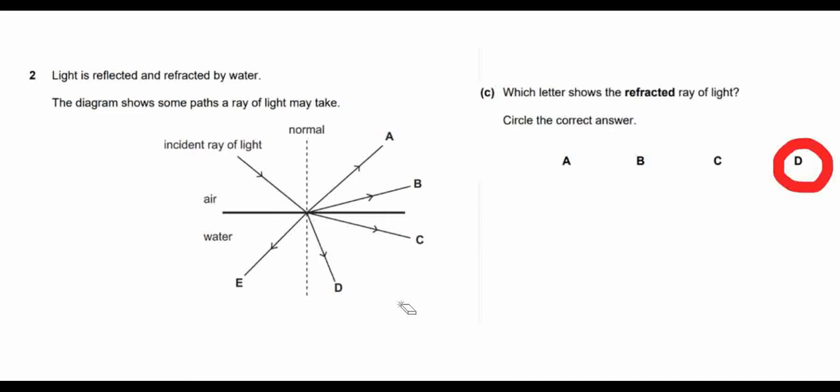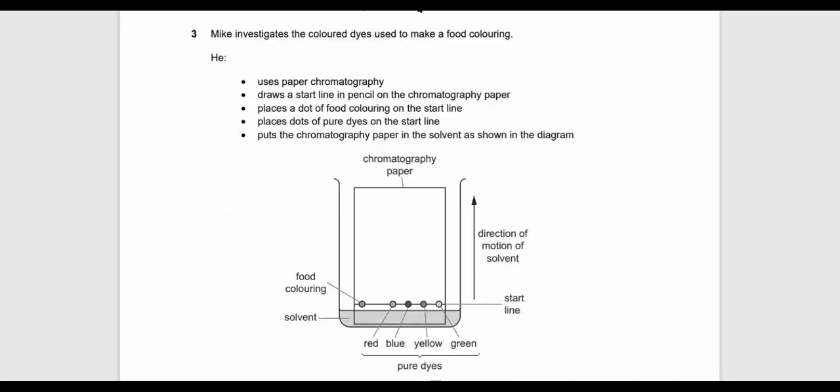But since there is a change in medium from air, less dense, to water, more dense, the light is refracted towards the normal line. So this will be the answer. Next. Now in question 3, Mike investigates the colored dyes used to make food coloring.